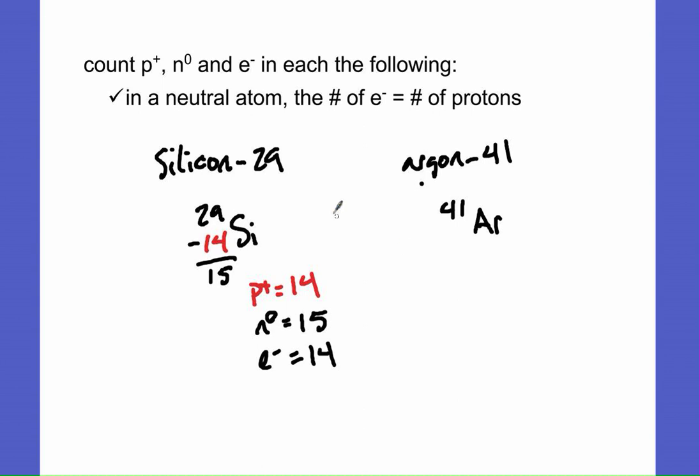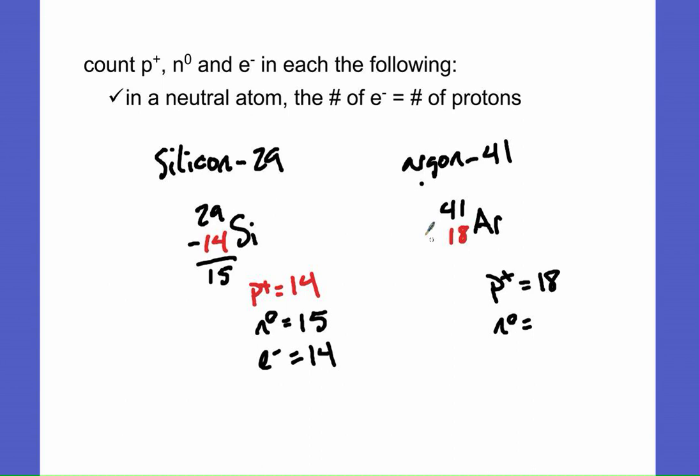Mass number goes top left, that's 41, and argon happens to be number 18 on the periodic table. And again, I'm just making that red for reference. But the number of protons is the number that's in red there. So I definitely have 18 protons.